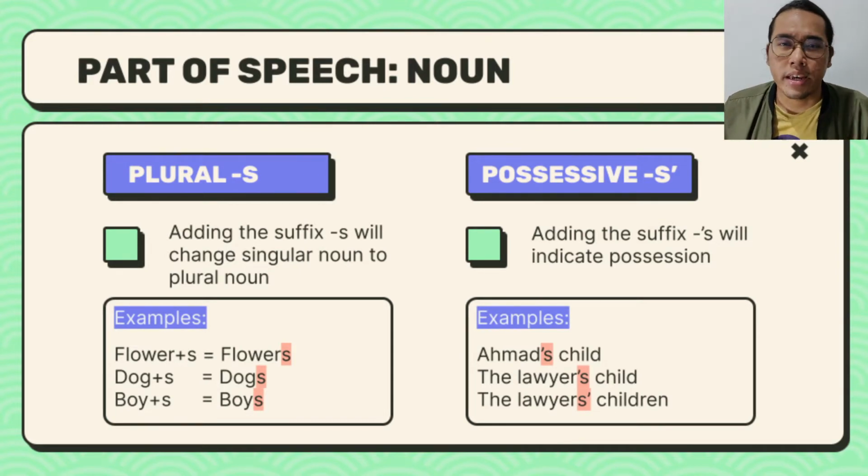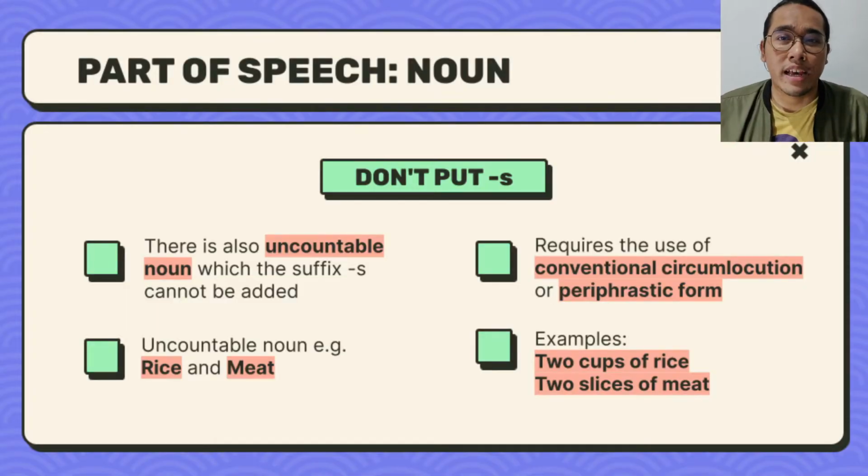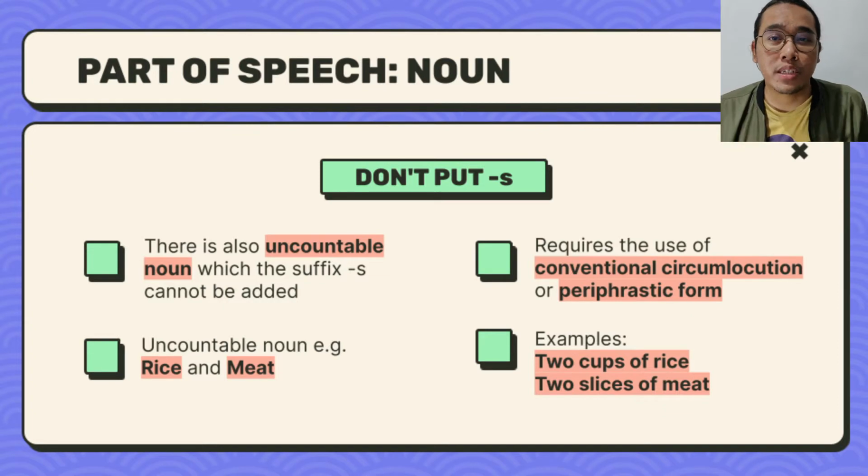Possessive s, on the other hand, is added to indicate possession, for example, Ahmad's child, or the lawyer's child, or even the lawyer's children. It is important to note that there are also uncountable nouns, to which the suffix s cannot be added, such as the words rice or meat. So, indicating these words as plural requires the use of conventional circumlocution and periphrastic forms, such as 2 cups of rice and 2 slices of meat.